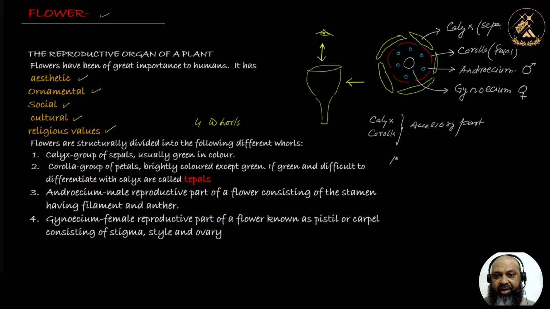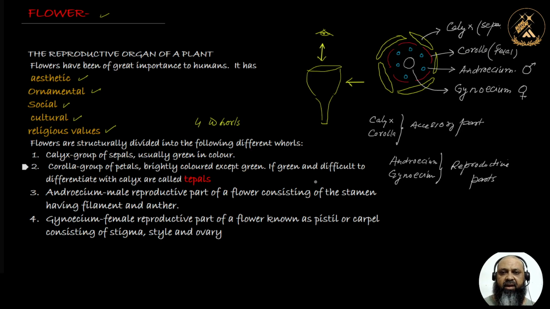The androecium and gynoecium are known as the reproductive part of the flower. So you can say there are two kinds of parts of the flower, and out of them, these two are very important because they take part in reproduction.